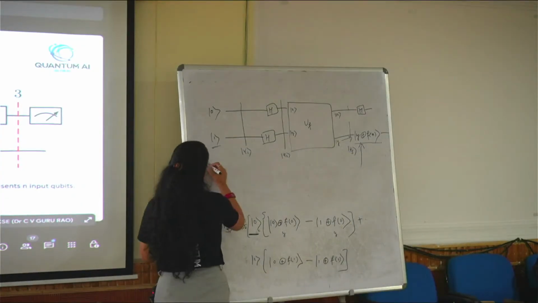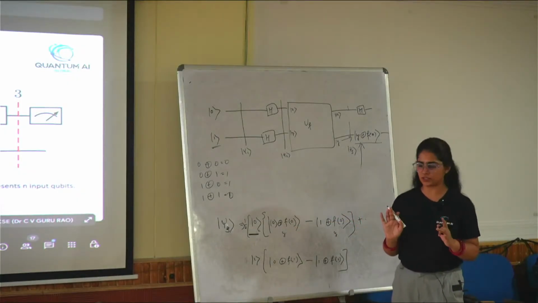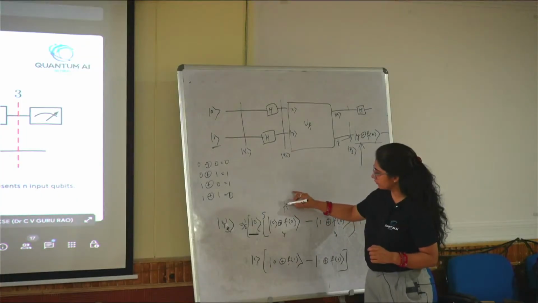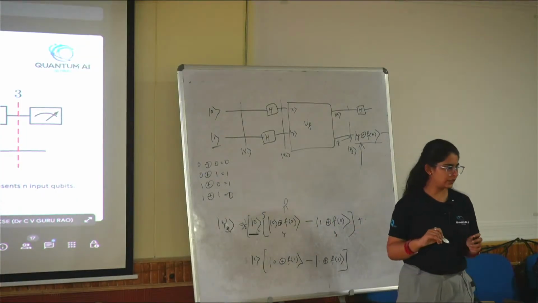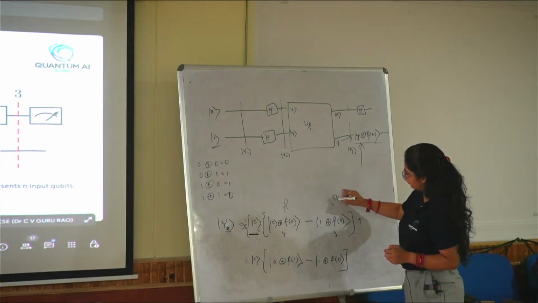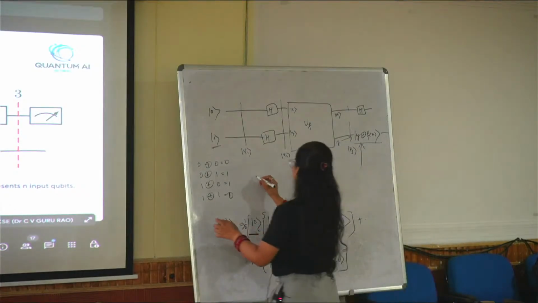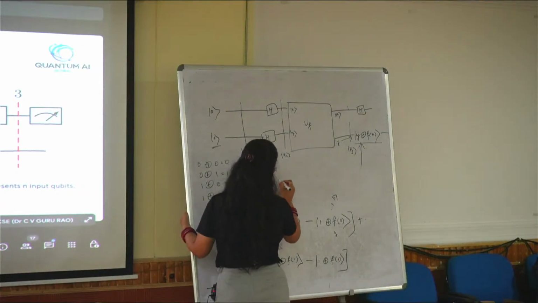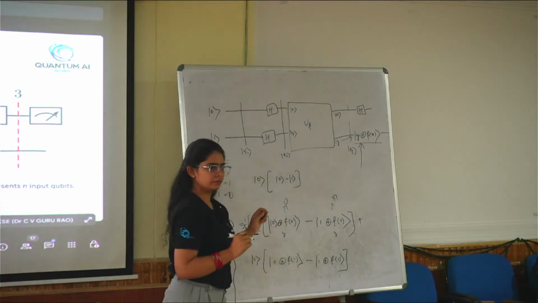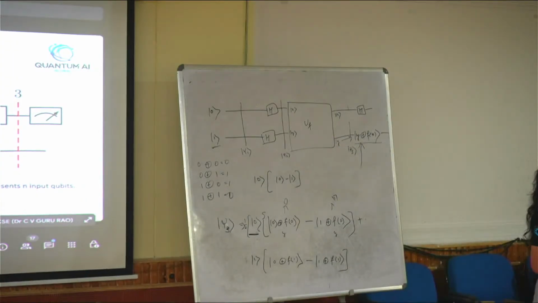If I'm just considering that f of 0 is 0, that means 0 XOR 0 will be 0, right? And 1 XOR 0 would be 1, right? So that means what it becomes? This becomes 0 minus of 1, right?